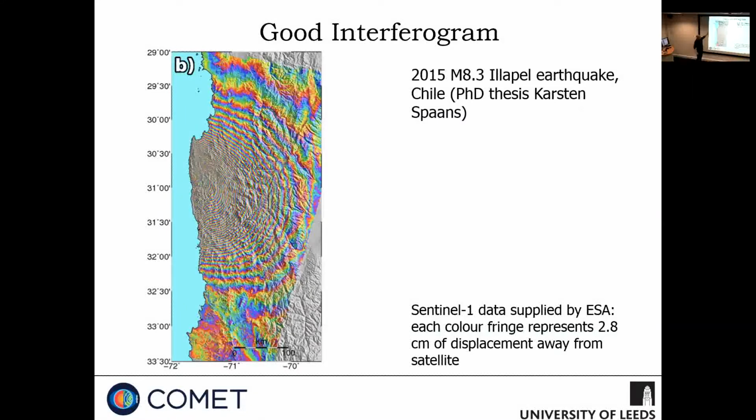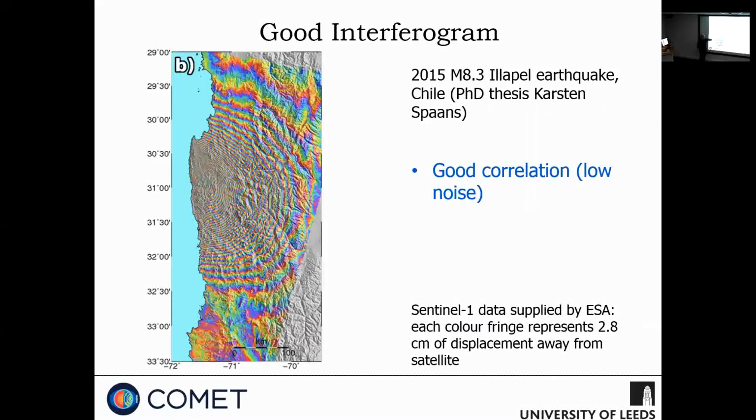Okay, so you've already seen interferograms like this this morning. Maybe you've already been making interferograms like this. But this is what I would call a really nice interferogram. It's nice for a few reasons. First of all, there's really good correlation, so there's very little noise.